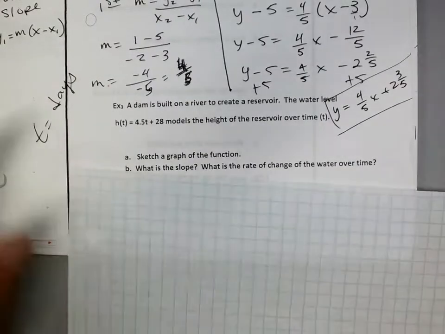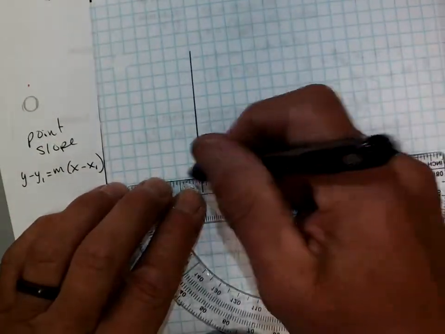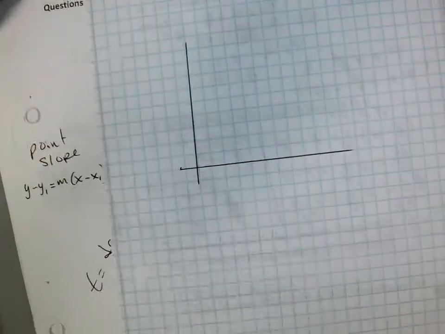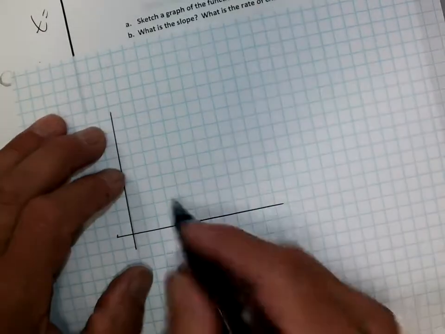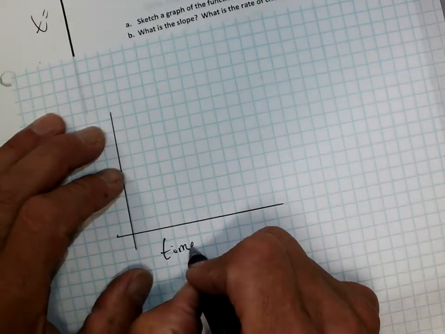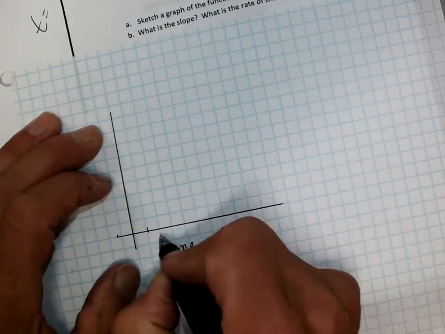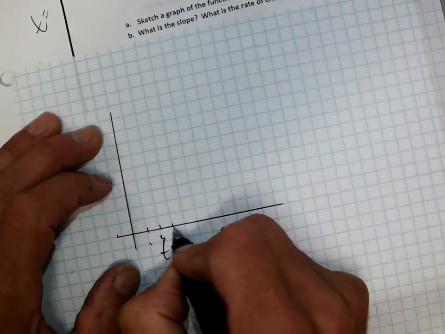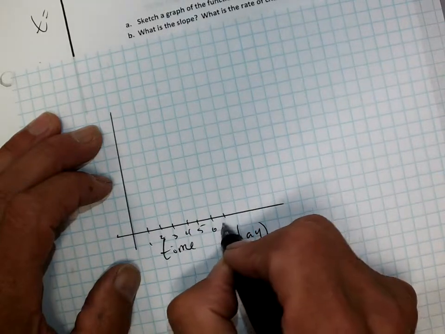Yeah. So if I did a sketch, I'm going to go ahead and put time as my x-axis, right? And Sydney says in terms of days, I agree with that. Let's go days. So I got 1, 2, 3, 4, 5, 7, okay.